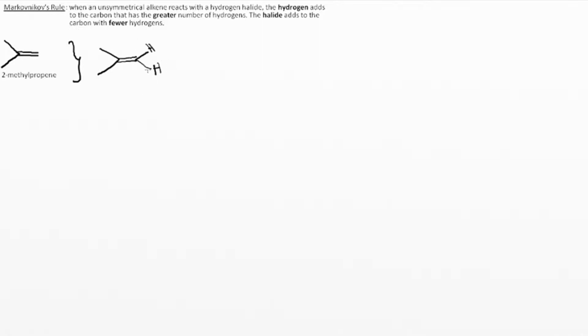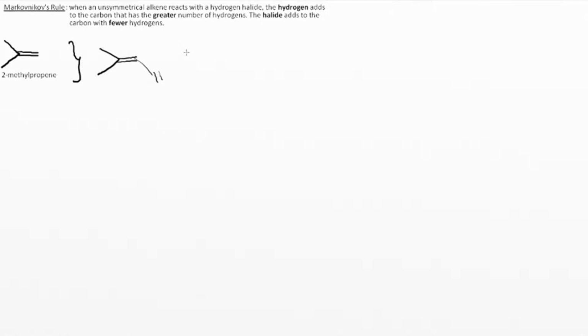If I were to just look at it without drawing these H's, I know that there's a carbon right here, and this carbon currently has 4 electrons on it, 2 for each bond. Since it's a double bond, it's 4 electrons. And since there's nothing else shown in organic chemistry, we can assume that there are hydrogens attached to complete the octet. And so thus there's 8 electrons on this carbon. So that's how I know that there's 8 electrons on the carbon.